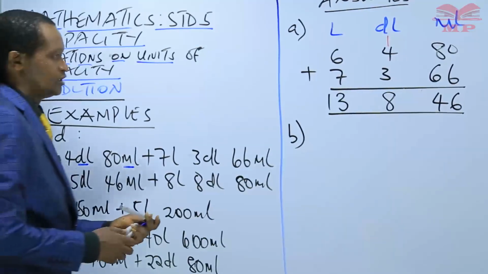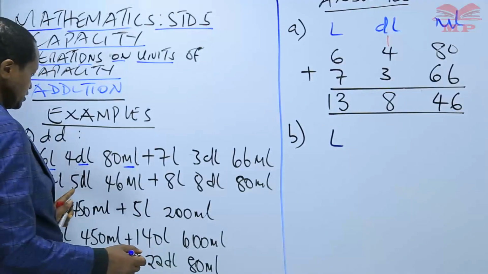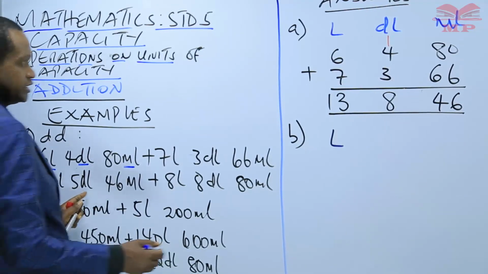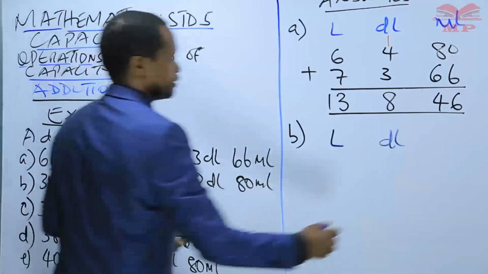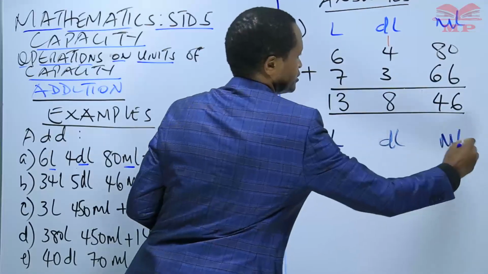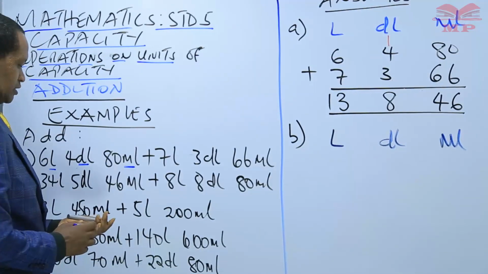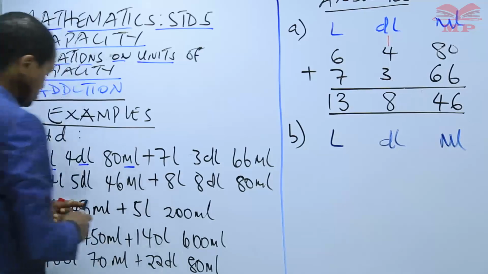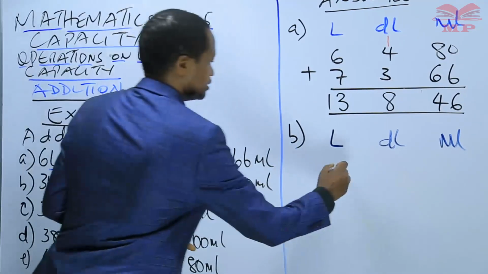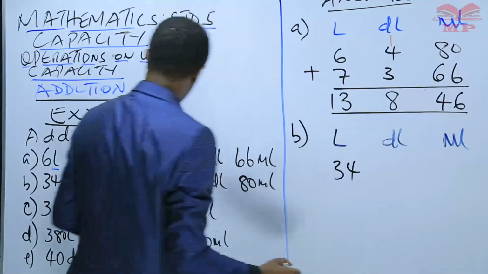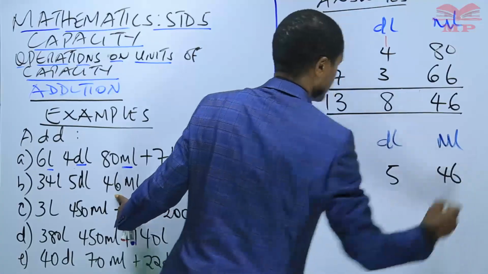So we'll have a column for liters, deciliters, and milliliters. So we write the figures 34, 5, 46.